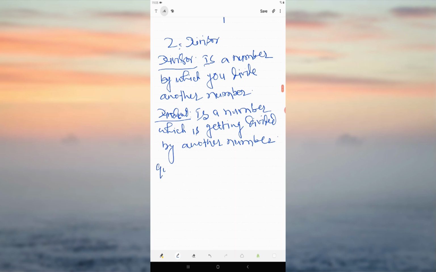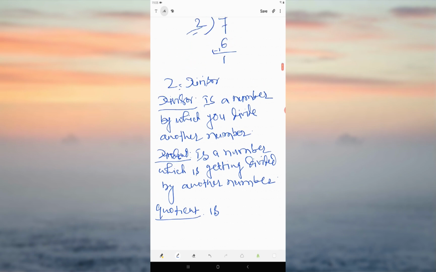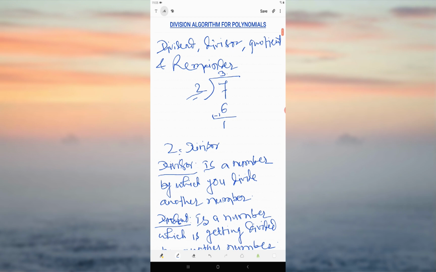Now, what is the quotient? After dividing, what is the number you got? In the example above, 3 is the quotient.